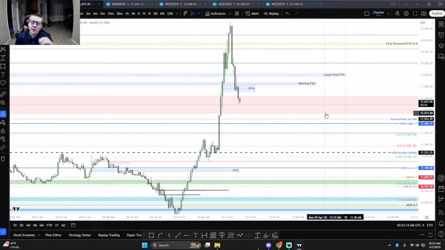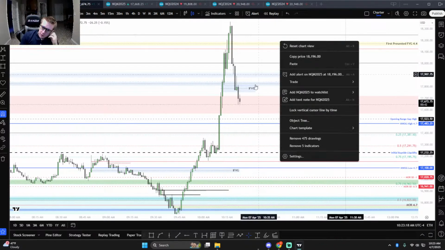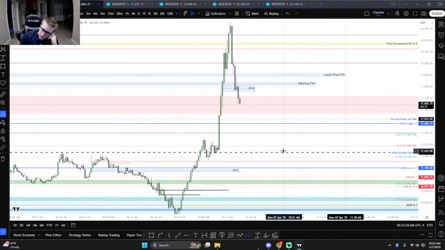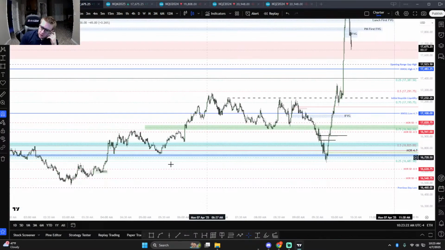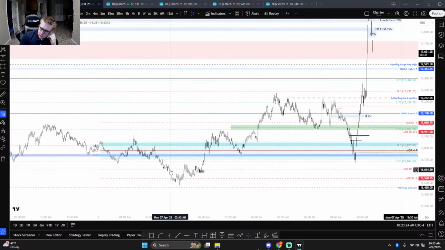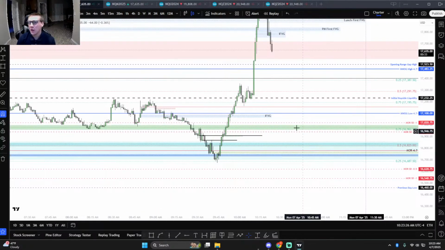I'd want to see this get used as discount to continue higher, but if this gets ran through, sell side's still on the table. That would be one insane AM session. That would be one insane AM session.